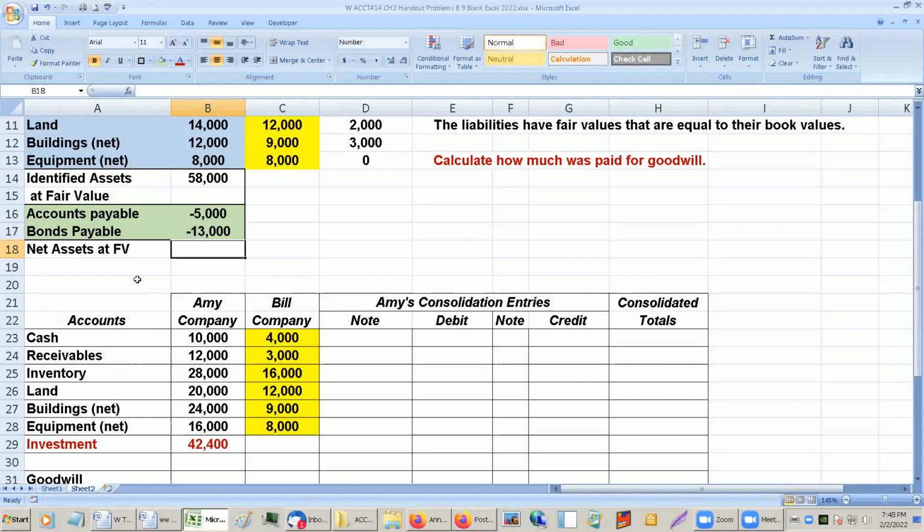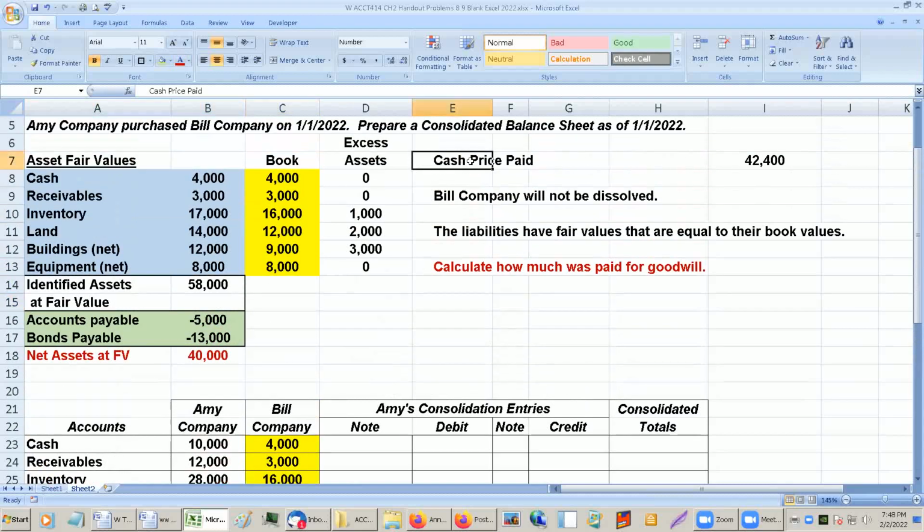I guess a question I don't know the answer to. Yes, it is 40,000. Okay, so here's the thing. Cash price paid was 42,400, I'm sorry, 42,400.